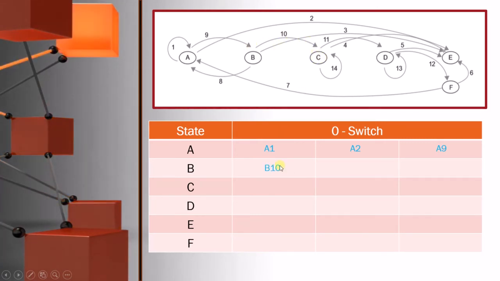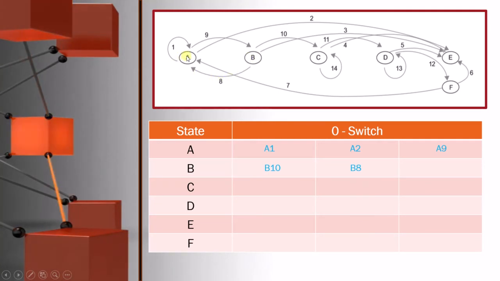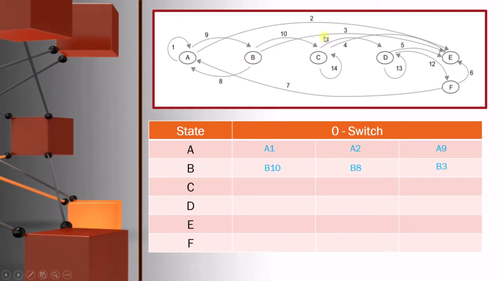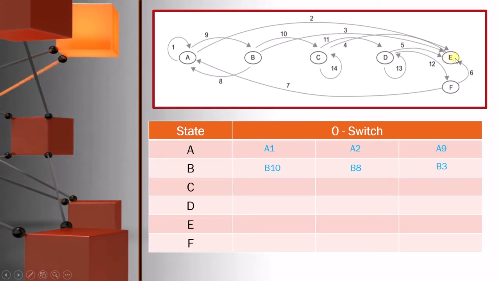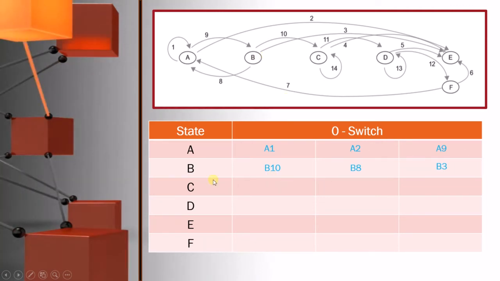So this is a zero switch. Now B8. With B8 you can reach A. So this is also a valid transition. Last one is B3. So this is B, and with the help of 3 you can reach state E. So these are the 3 zero switches from B.